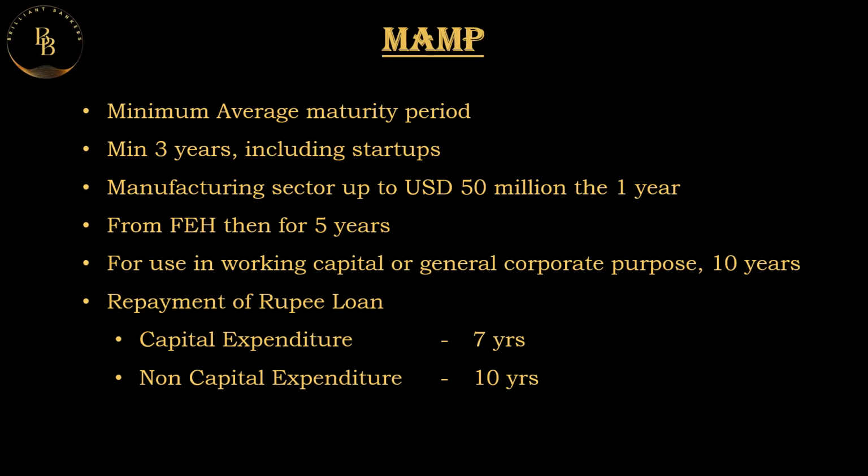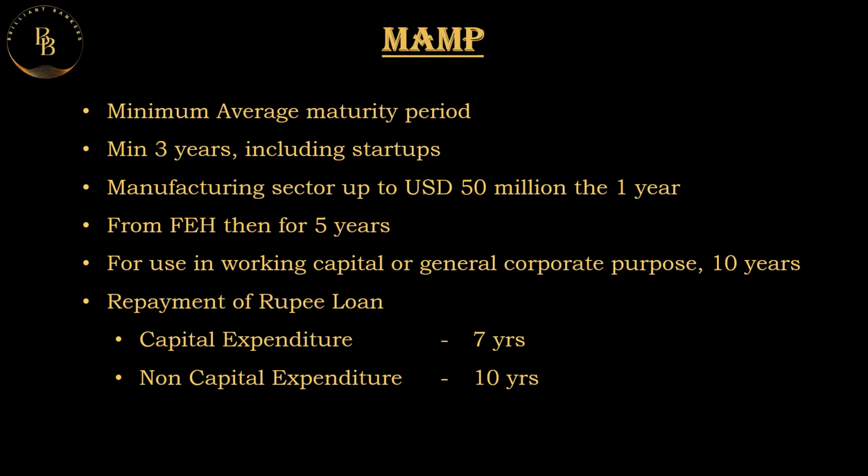If the ECB is raised from a foreign equity holder and utilized for working capital purposes or general corporate purposes, or for repayment of a rupee loan raised domestically for purposes other than capex, that is capital expenditure, then the MAMP will be for a period of 5 years.